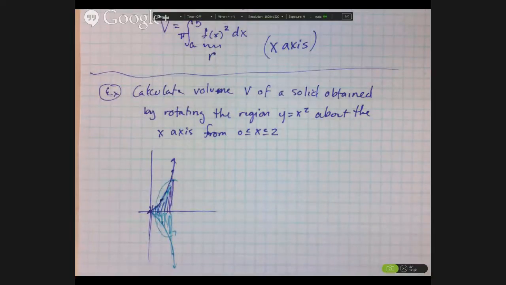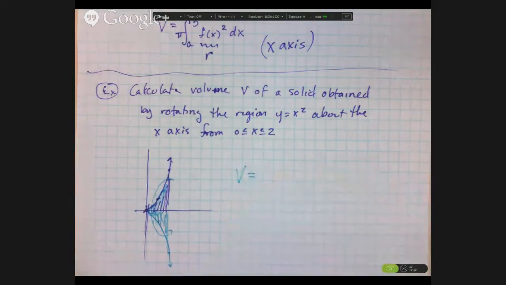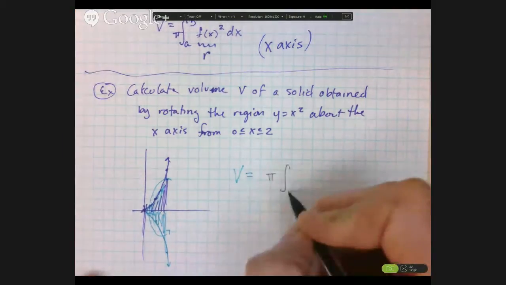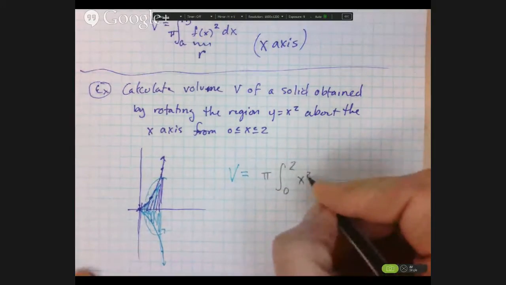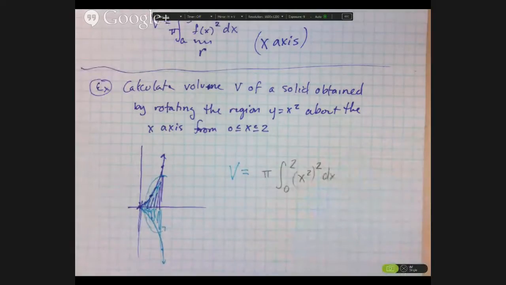For computers, it's a lot easier to program a two-dimensional shape. And if you need to find the volume of that, if you need a 3D shape, you program a 2D shape and do some calculus on it. So how do I calculate the volume? You can write x to the fourth.